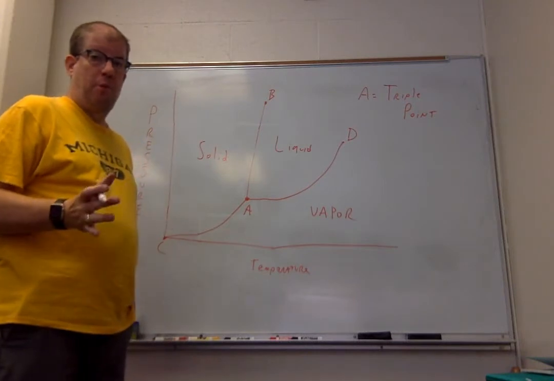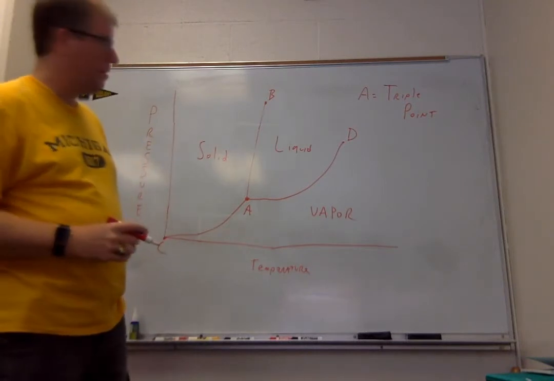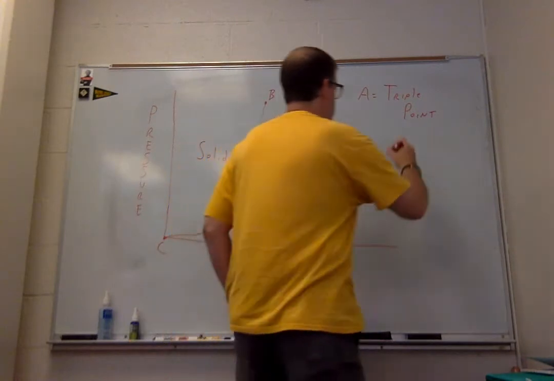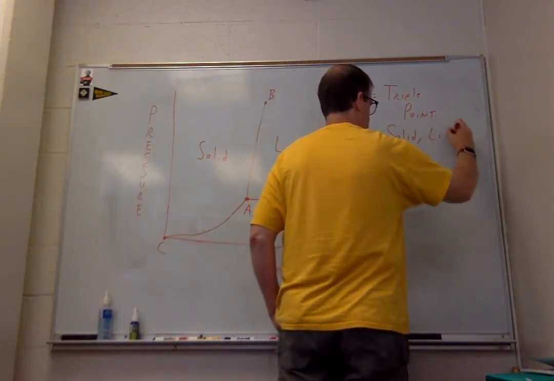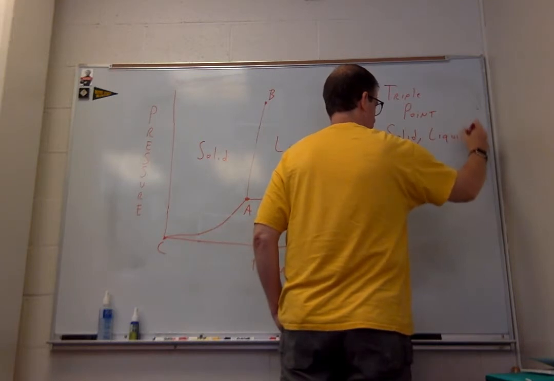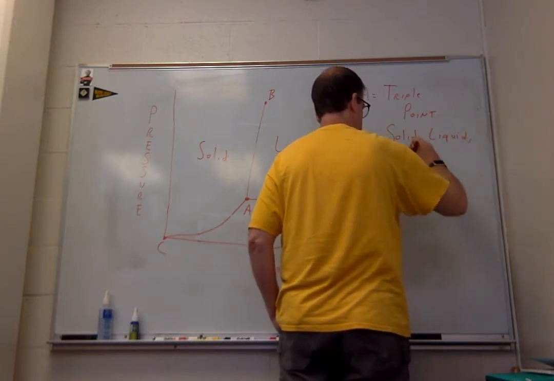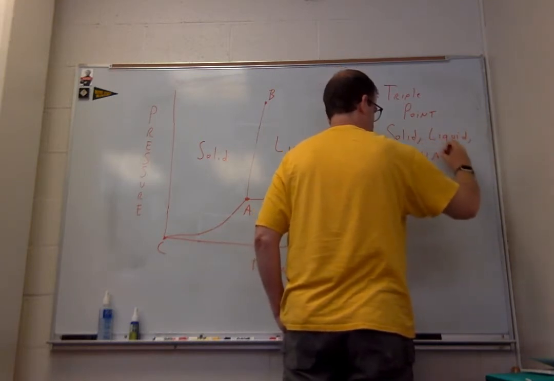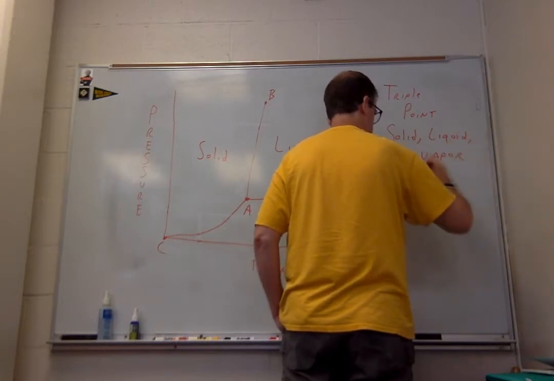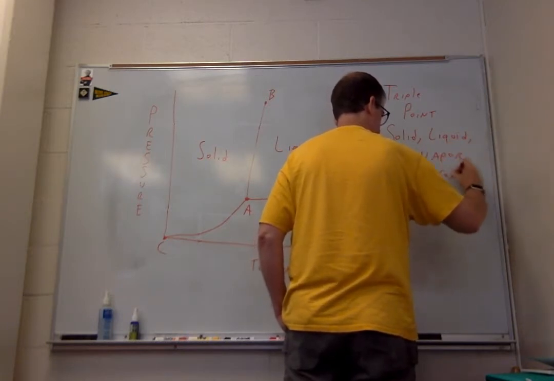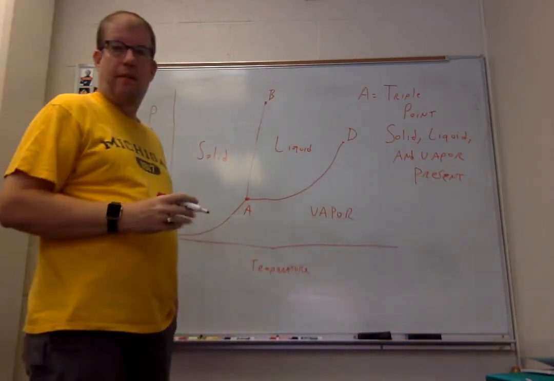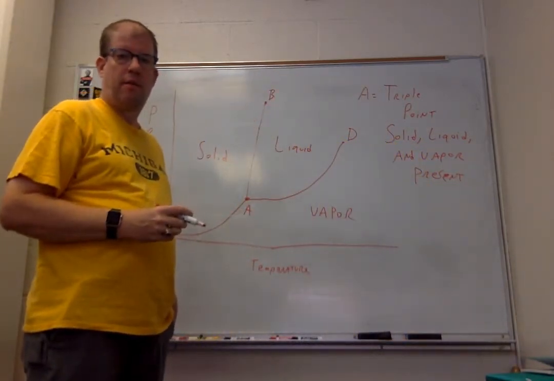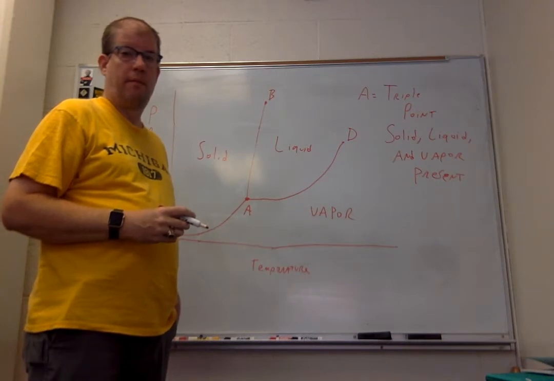And at the triple point, this is going to sound maybe a little bit strange if you're not familiar with it. The solid, the liquid, and the vapor are present, all of them at the same time.